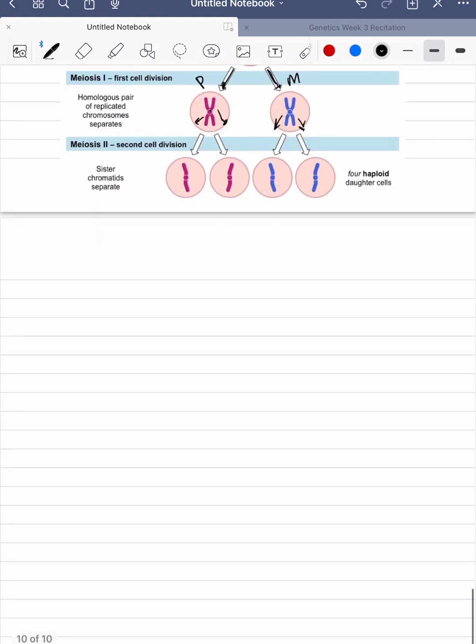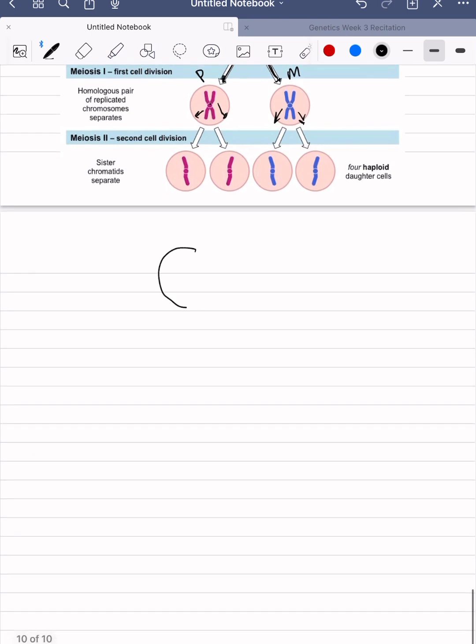Now, if you were to, for example, be given a problem that's asking you, let's say we have two genes right here. We have chromosome 1, which is replicated.